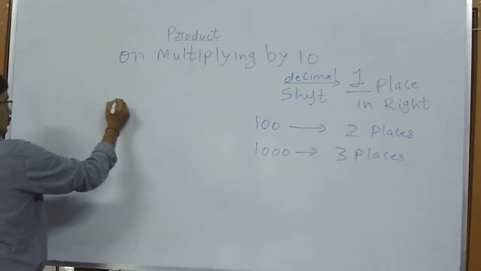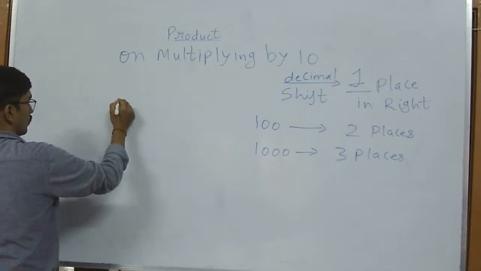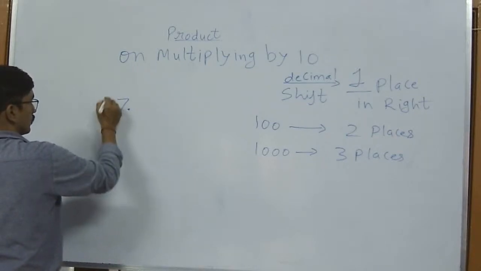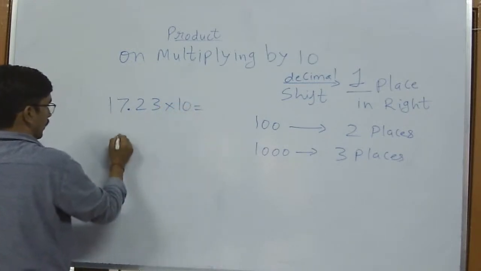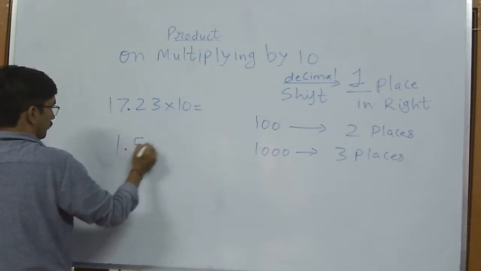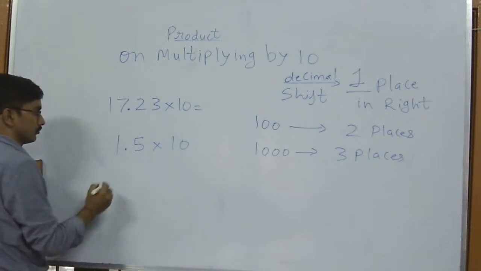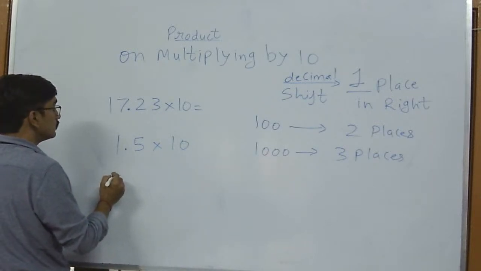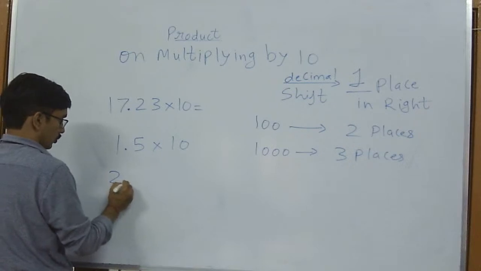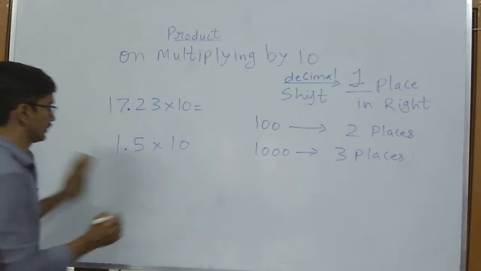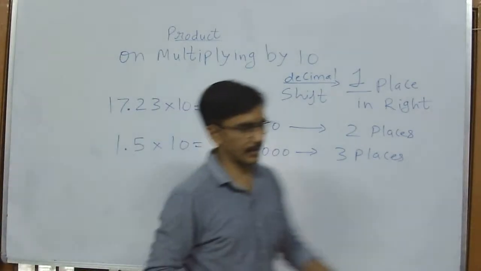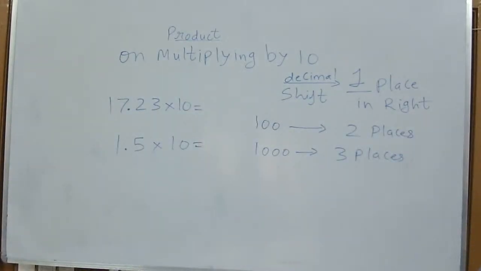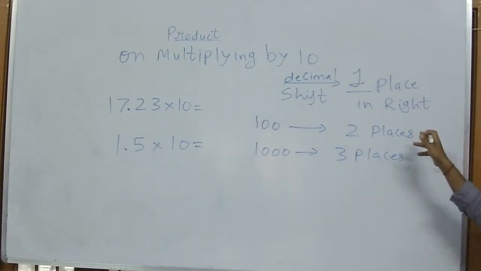So let's take some questions here. 17.23 multiplied by 10, 1.5 multiplied by 10. पहले इन दोनों का करके दिखाइए जल्दी से. 17.23 multiplied by 10, how much will it be?